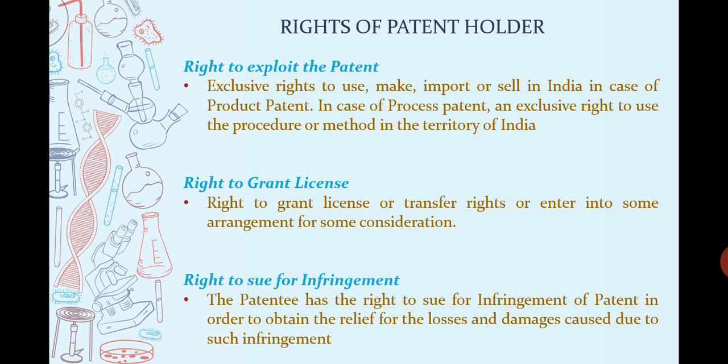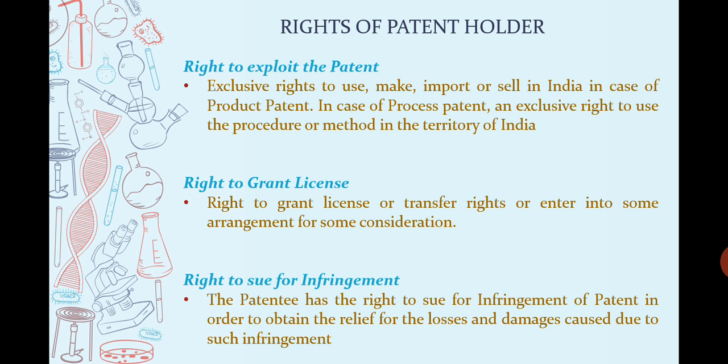Once an application is filed with the controller of patents, the controller goes through the application, understands the specification, understands what exactly the invention is, and does the prior art search, which we already talked about last time.